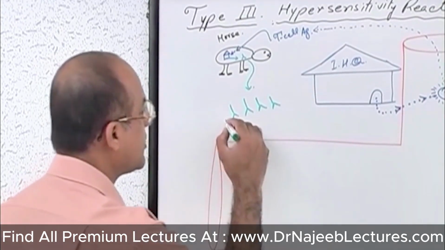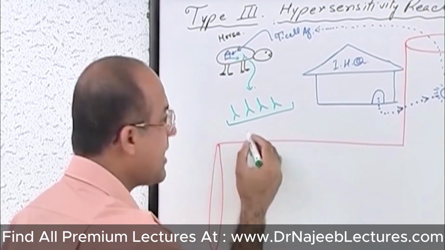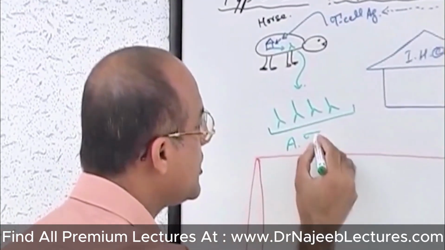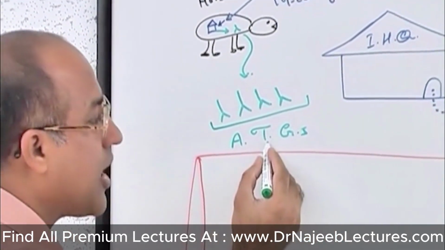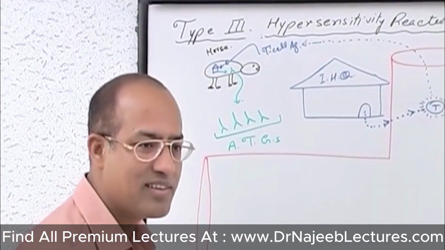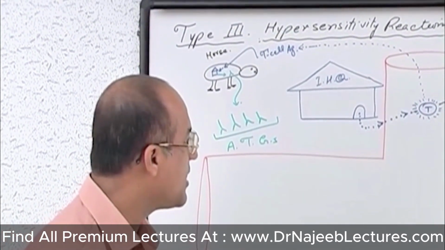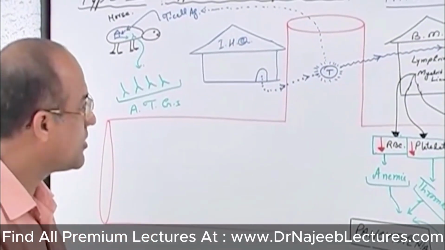These antibodies are called, yes, what are they called? ATGs. ATGs mean what? Anti-thymocyte globulins, anti-T cell globulins. Is that right?